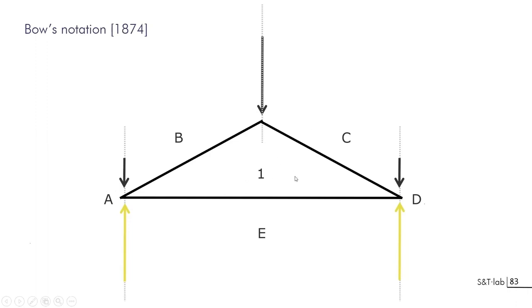If you have a closed panel, you have to write a number into it, and this number will help you give a name to this bar, which will be called B1 or 1B, depending on the sense in which you read the name of the force. About this, you have to take a convention, and our convention will be to give the names clockwise, as later we'll be reading the forces clockwise.